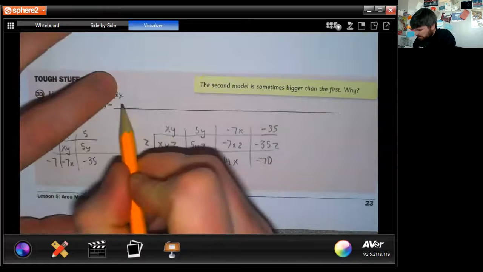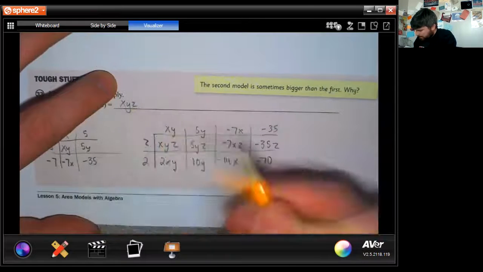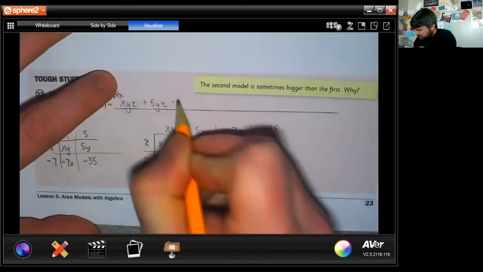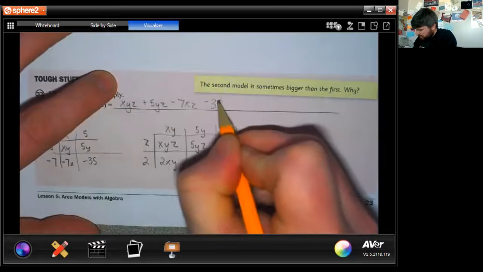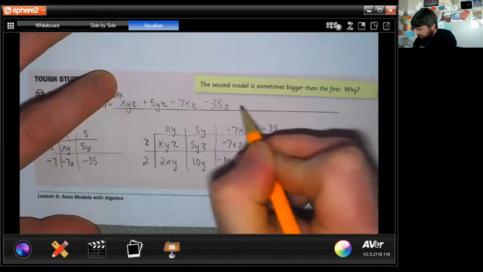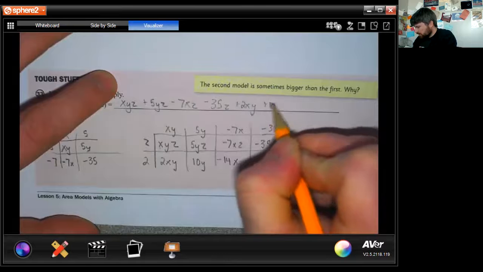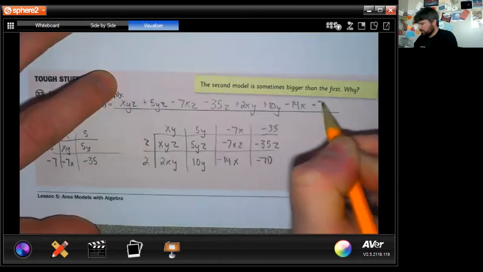So I just need to write it all out. So I have xyz plus 5yz minus 7xz minus 35z plus 2xy plus 10y minus 14x minus 70.